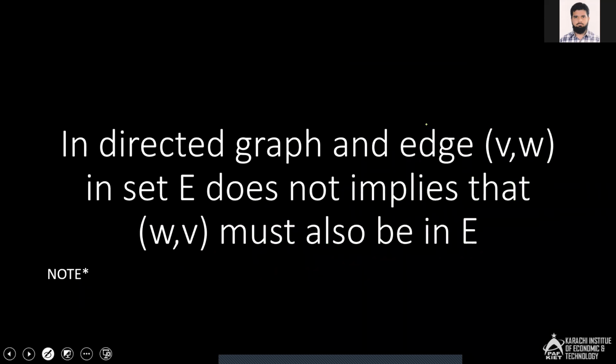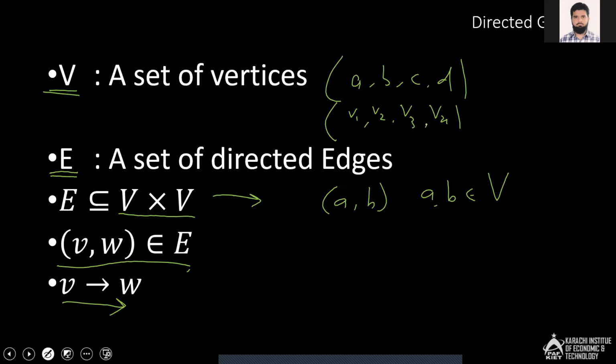So in a directed graph, an edge in set E does not imply that we have a way back along that edge too. You must be careful of this: when we say that there is an edge (V, W) in set E, it does not mean that we necessarily have an edge (W, V) as a member of it, because it's an ordered pair.